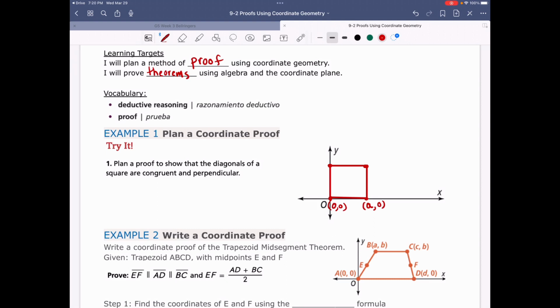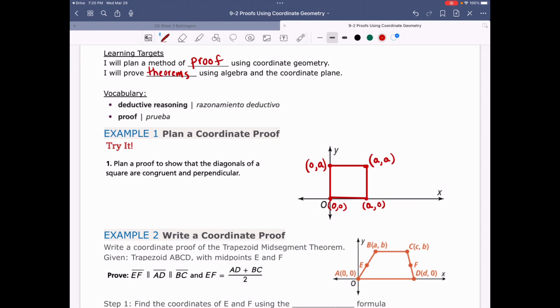Now, if it's a square, the distance that we go to the right is also the distance we will go up. So if we look at this corner point, our coordinate is (0, a), and this last coordinate point is (a, a), because we went a distance of a to each point.